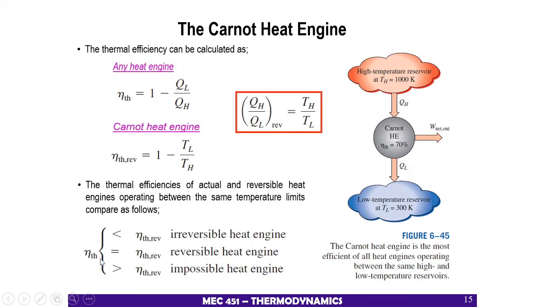If your efficiency is the same as that of a reversible engine, we call it a reversible engine. If you get efficiency more than that of a reversible engine, it is impossible, an impossible heat engine. This means that in nature, in actuality, no efficiency is more than that of the reversible process.